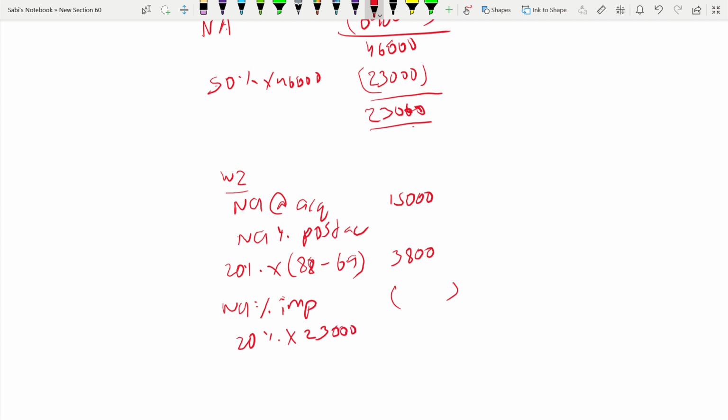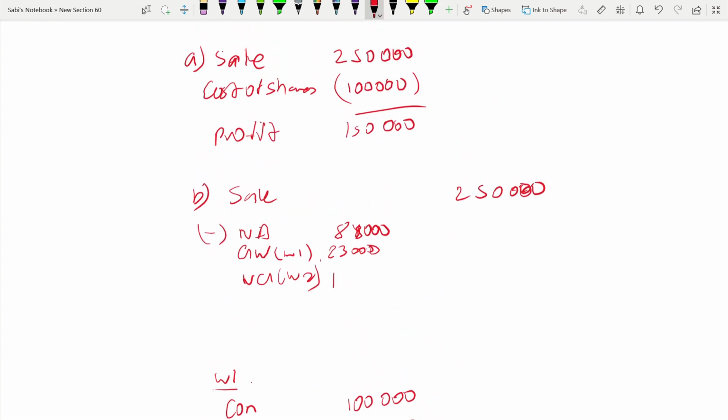We have done it in working 1 here, right? So 4,600, which will give you 14,200. This will go up and right here, $14,200. Here in the outer column it will be 96,800.